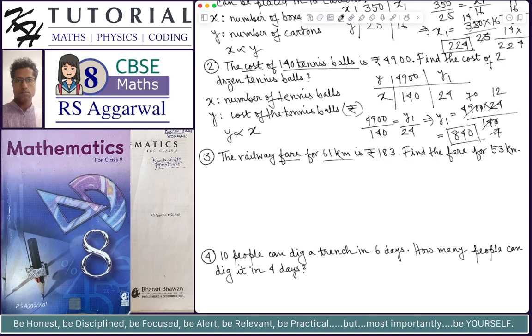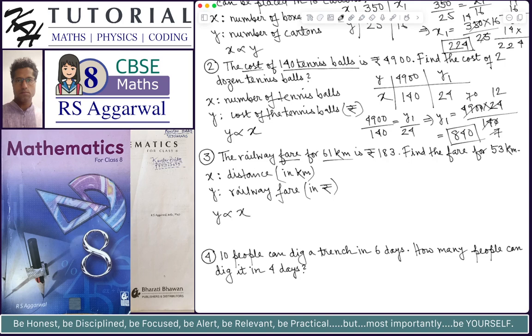It is not changing. Then we can say that if we consider x as the distance in kilometers and y as the railway fare to travel a certain distance in rupees, then considering that the railway fare per kilometer is fixed, we can say that y will vary directly with x.